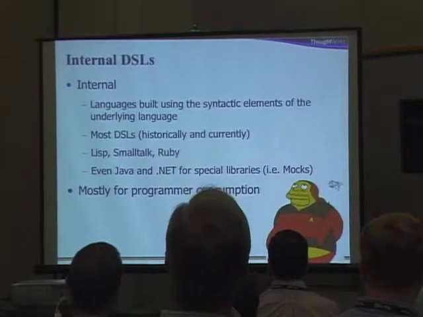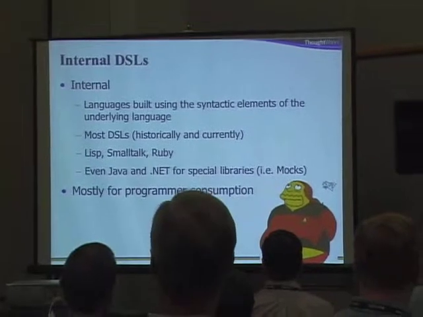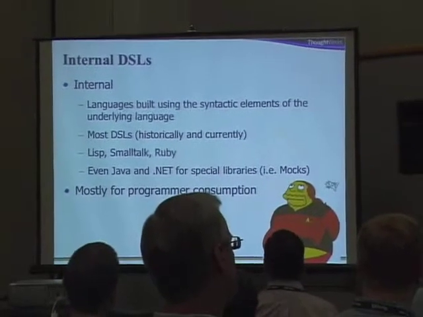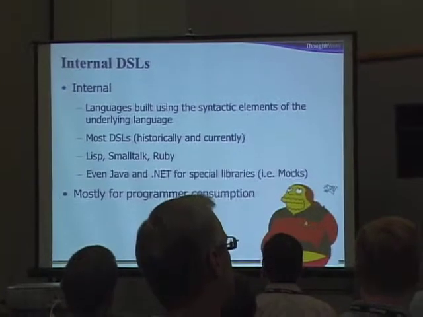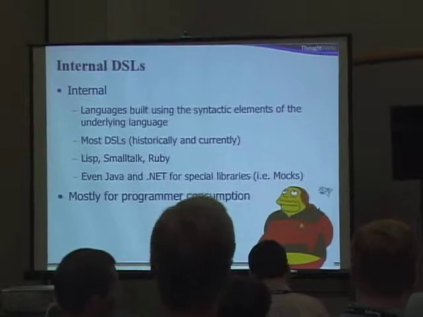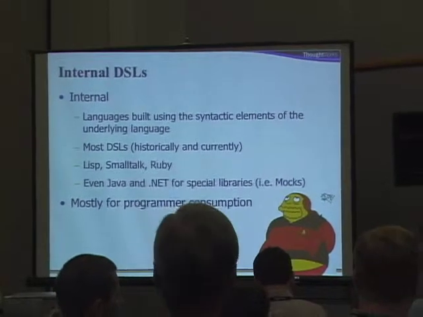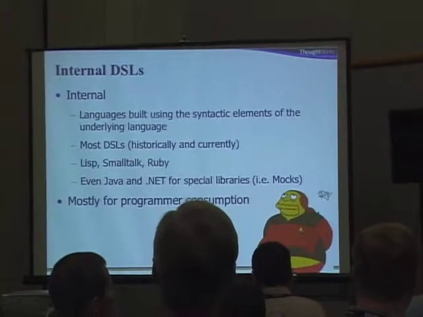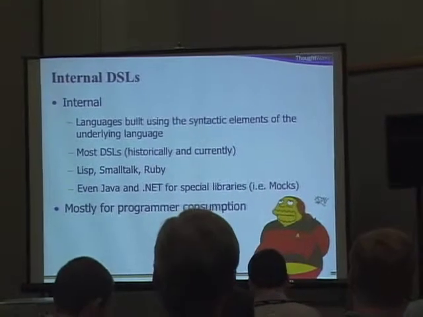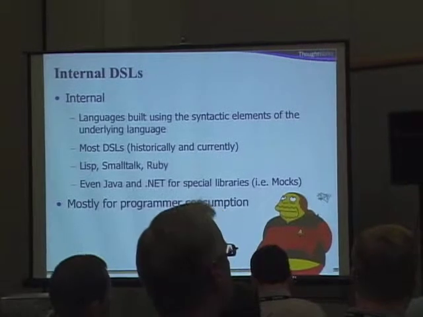There are a couple of different kinds of DSLs you can create. And one of them is an internal DSL, which are domain-specific languages built using the syntactic elements of the underlying language. And that's mostly what we're talking about here, because we're talking about building DSLs in Ruby. And in fact, that's the way that most DSLs have traditionally been built, is on top of another language.